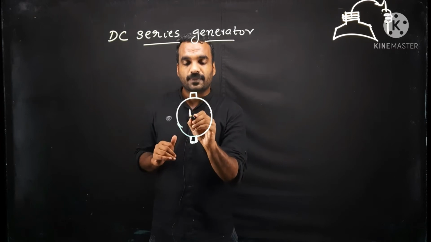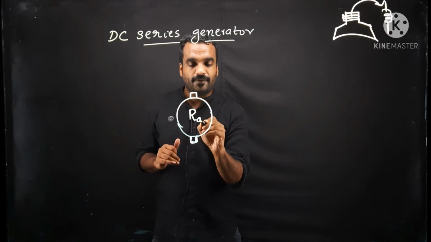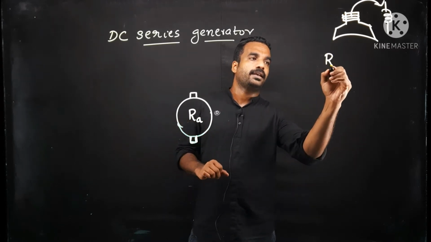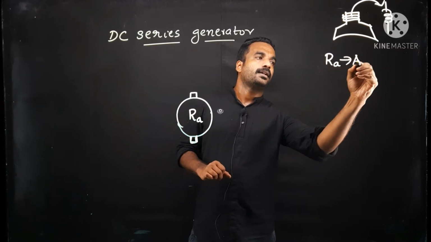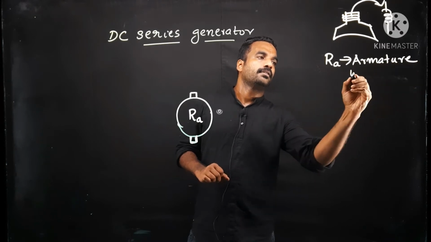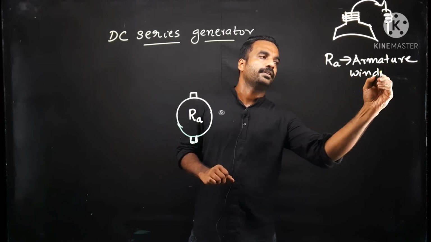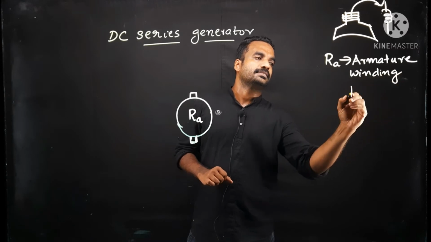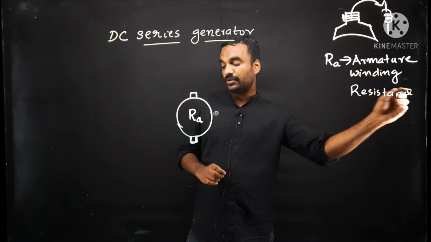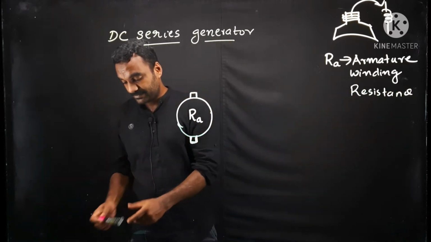So I will write Ra. What is Ra? Armature winding resistance Ra, because armature windings are there inside.